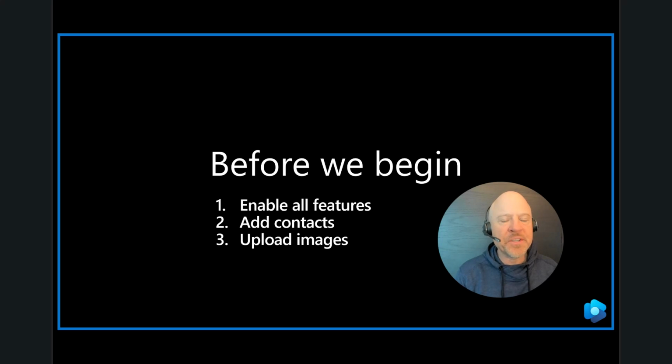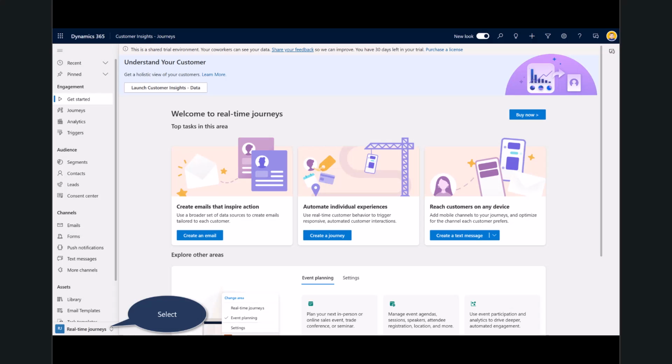And so there's a very simple tip that you can use that I do all the time. And then the third is to upload images because you're going to need them as you're creating your channels of emails and text messages and push notifications. So let's get started. The first one I want to talk about is how to enable all those features.